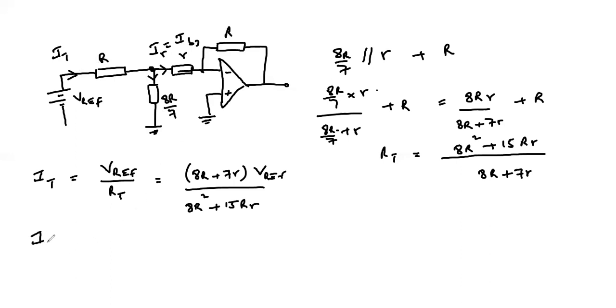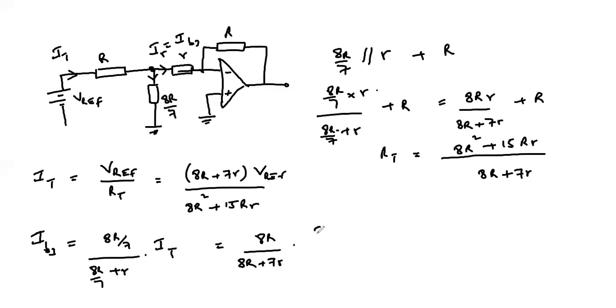By the current divider theorem, we interchange the resistances, so it is equal to 8R over 7 over 8R over 7 plus r multiplied by I total, which equals 8r over 8R plus 7r multiplied by 8R plus 7r multiplied by the reference voltage divided by 8R squared plus 15Rr.